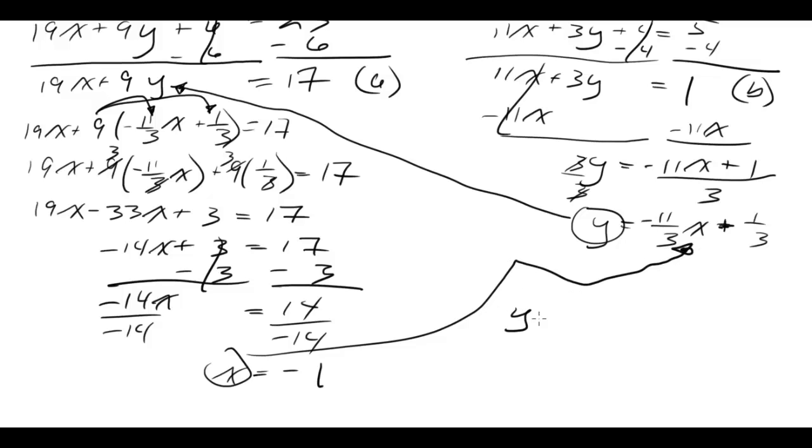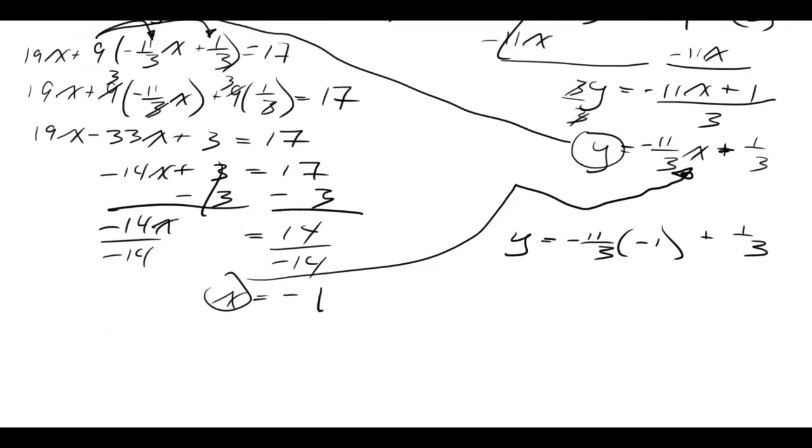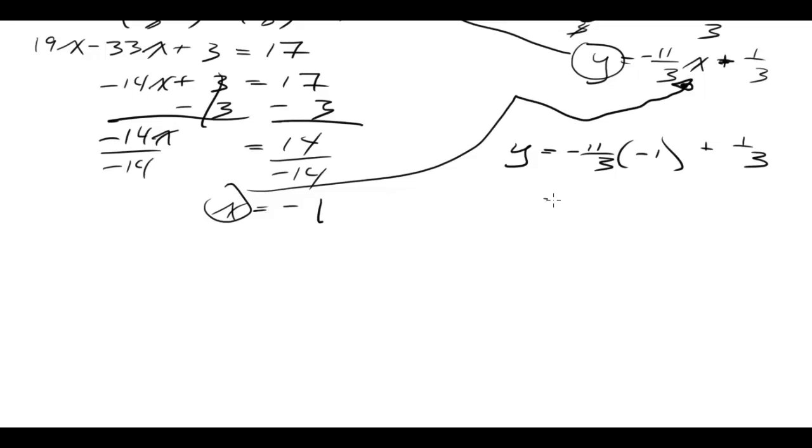So I get y equals minus 11 thirds times minus 1 plus 1/3. That's going to equal minus, actually plus 11 thirds, right? Minus times minus is plus, plus 1/3. 11 plus 1 is 12 thirds. 12 divided by 3 is 4. So I have y equals 4.